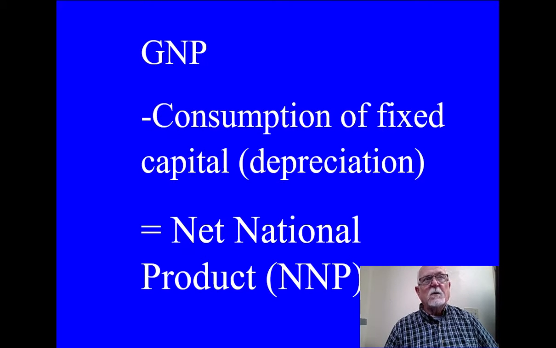And then some of the new production is just to go and replace stuff that's wearing out, machines, capital goods. So we subtract a consumption of fixed capital, that's basically the depreciation, and we get something called net national product, NNP.